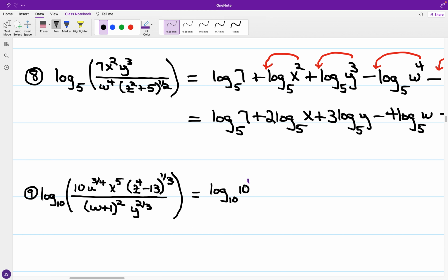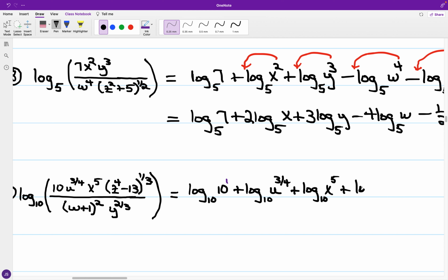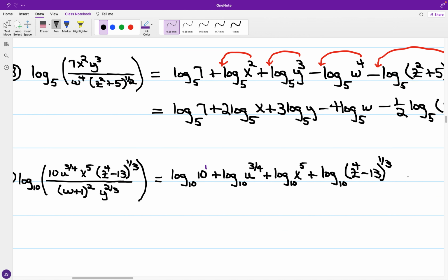Next we have plus the base 10 logarithm, and you can either write out the 10 in the subscript or just leave it as log. We have plus the base 10 logarithm of x to the 5th, and plus the base 10 logarithm of z to the 4th minus 13, raised to the 1/3 power.